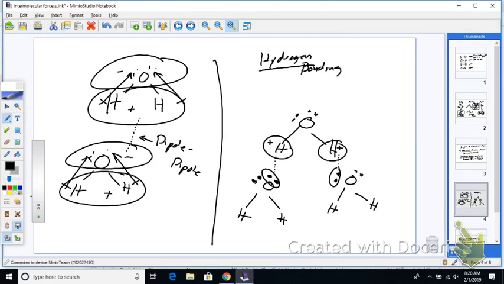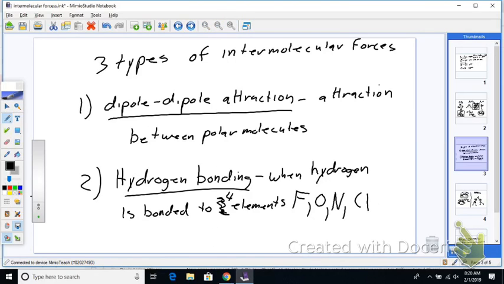So anytime you have an H bonded to one of those four, and you have another molecule with some unshared lone pairs showing, then you're going to have hydrogen bonding of some sort. Got it? Usually this is the strongest of the three.